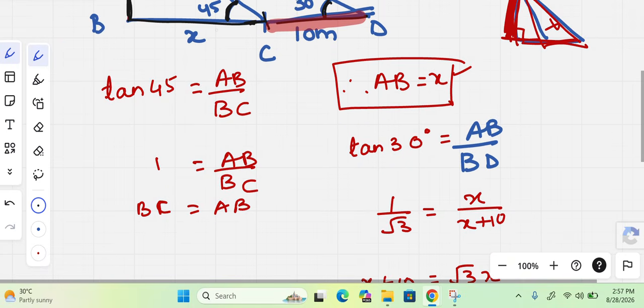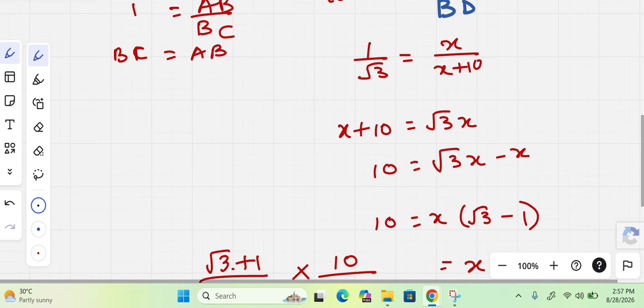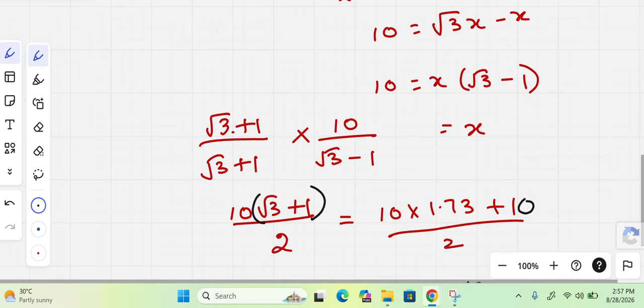So please see this. What happened? Tan 45, that was easy. We reached till here. After that we substituted tan 30, and because of root 3 we had to do all this rationalization and all of these things. Please do it quickly so that if you have any doubt, let me know.